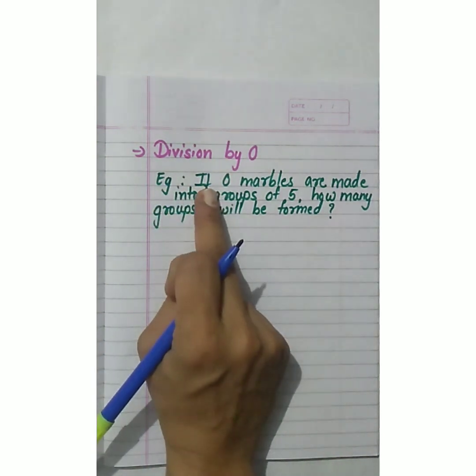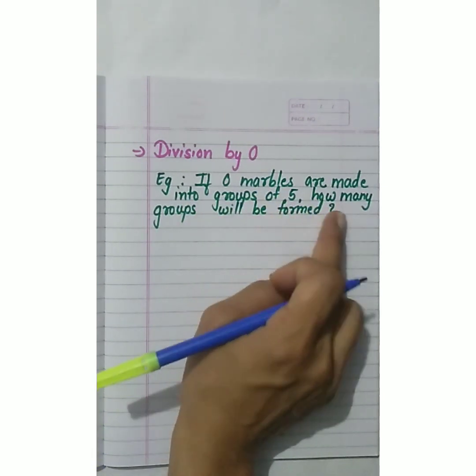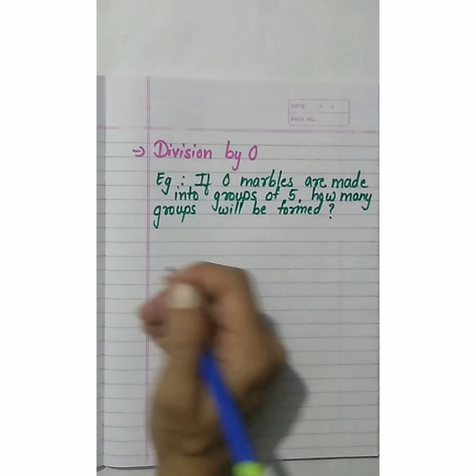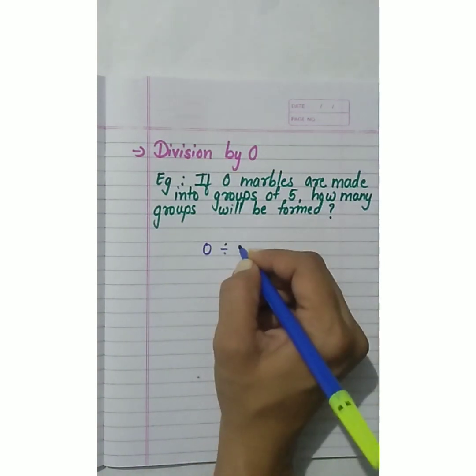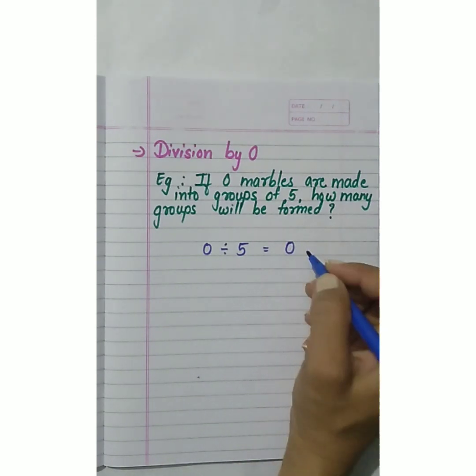Let's see an example. If 0 marbles are made into groups of 5, how many groups will be formed? 0 marbles means there are no marbles to put in groups. Is it possible? No. So what will be our quotient? 0 divided by 5. So our quotient will be 0.